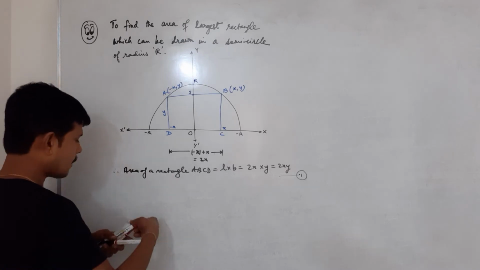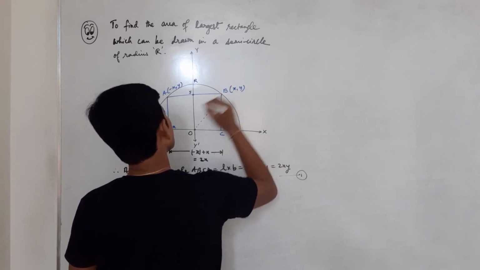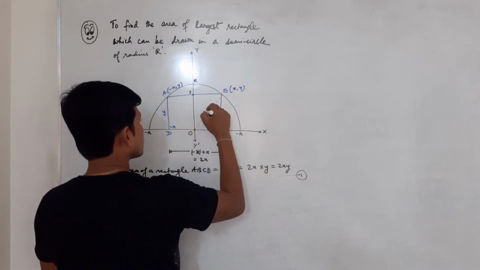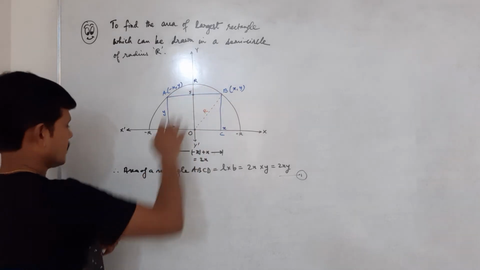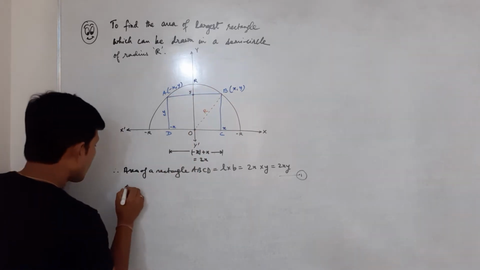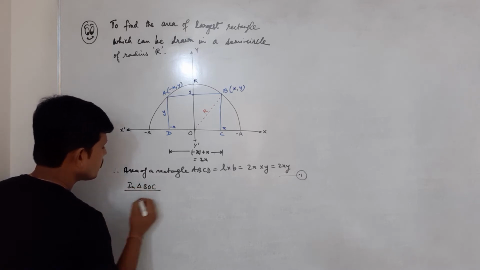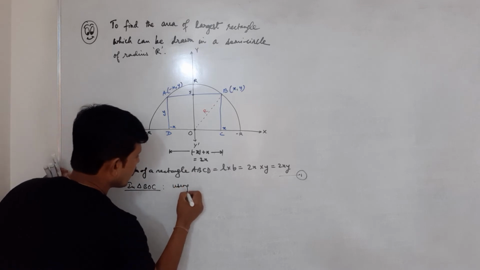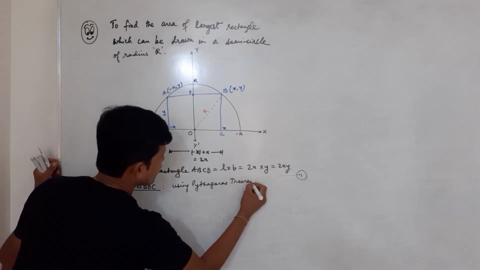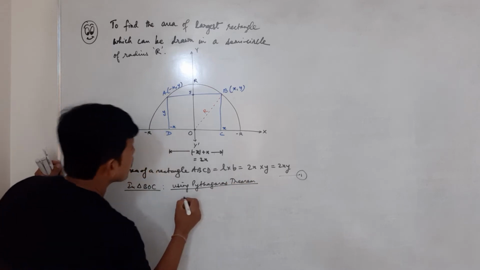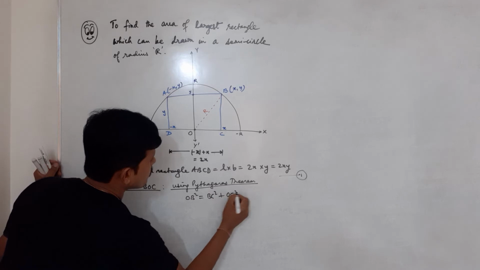Secondly, I am going to join the origin with point P over here. This is also equal to radius r. Next, in triangle BOC, using Pythagoras theorem, OB square equals BC square plus OC square.